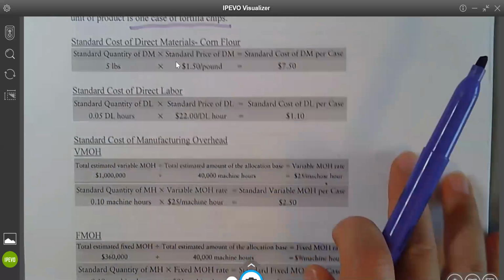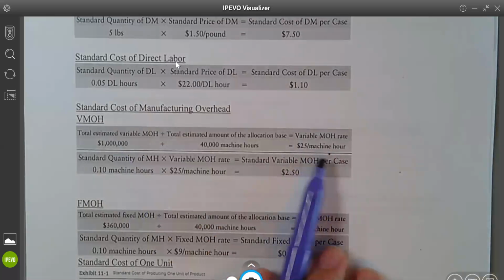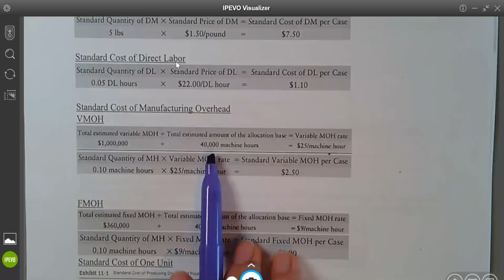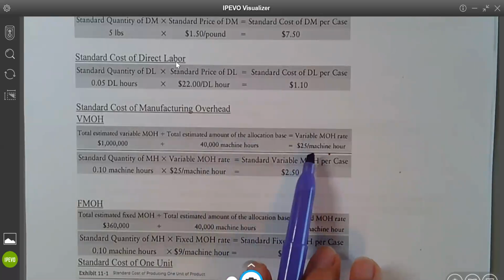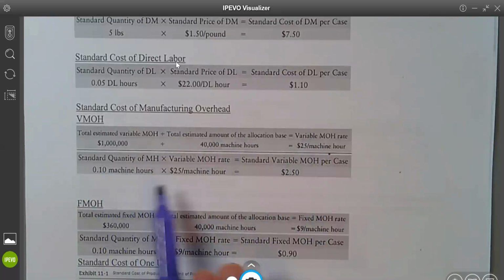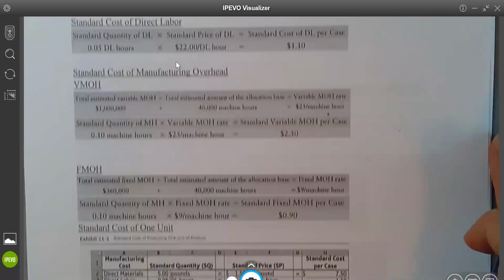For the variable manufacturing overhead, we first calculate the variable manufacturing overhead rate. It's your total cost divided by the cost base. We use the machine hour, $25 for 1 machine hour. We totally need 0.1 machine hour, so it will cost $2.5 for the standard of 1 case.